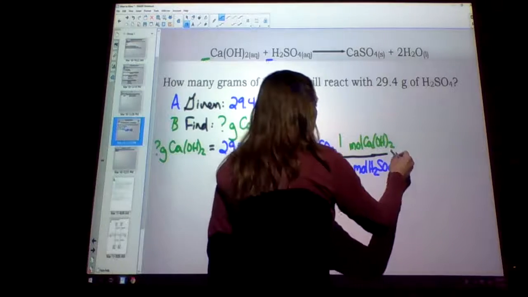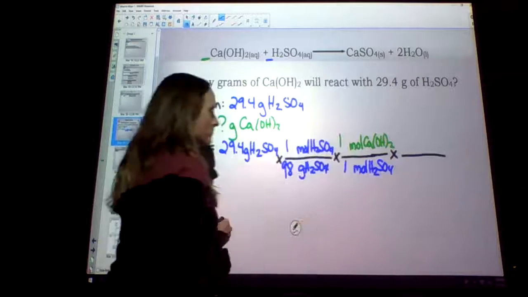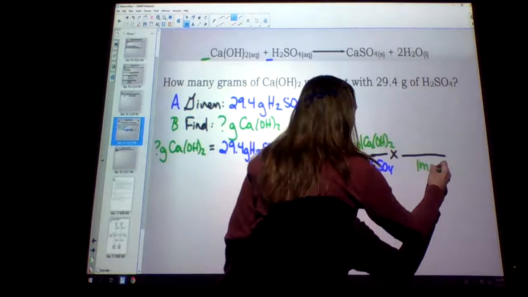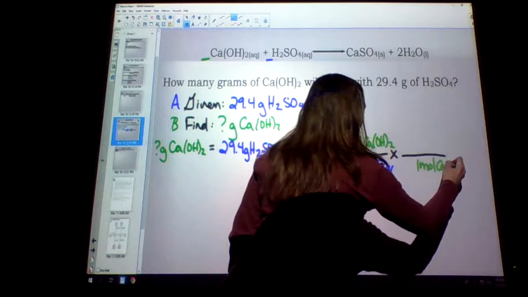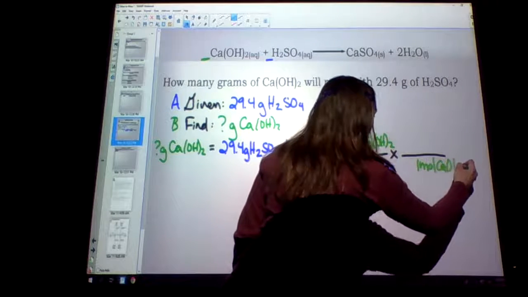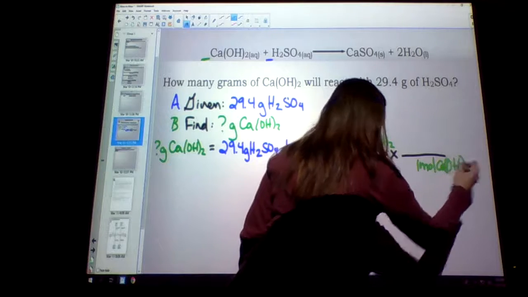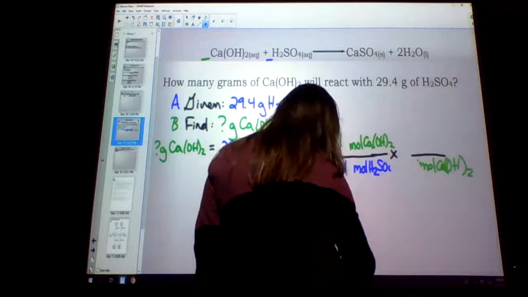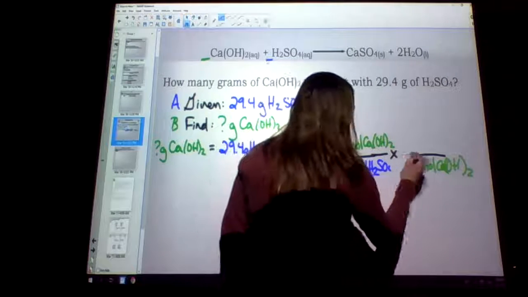Now we're at moles of B. If you want moles of CaOH2 to cancel, that's going to go in the bottom.